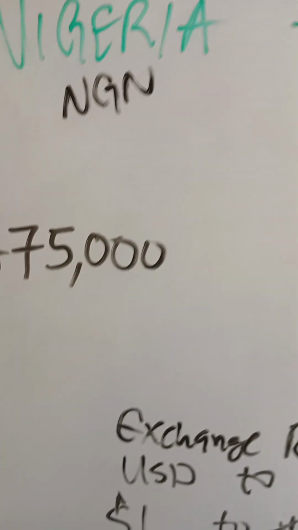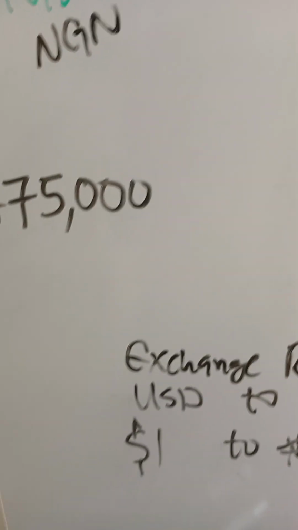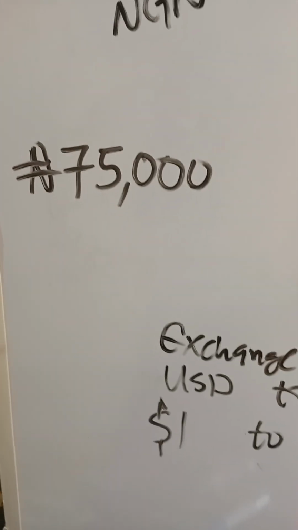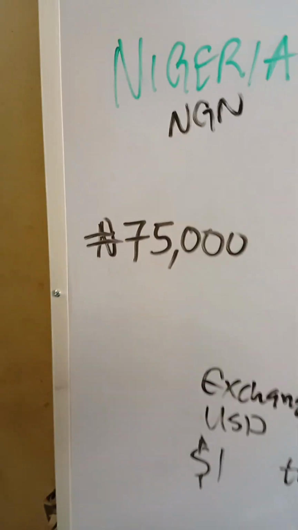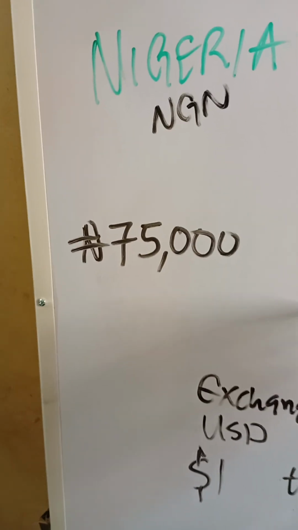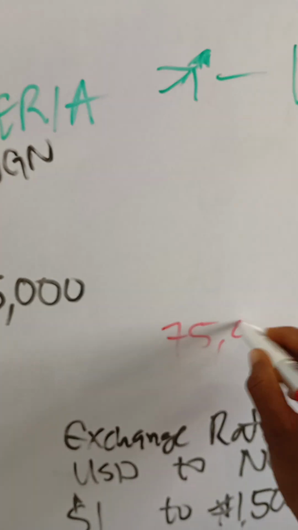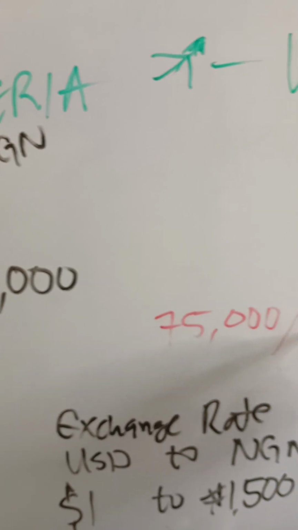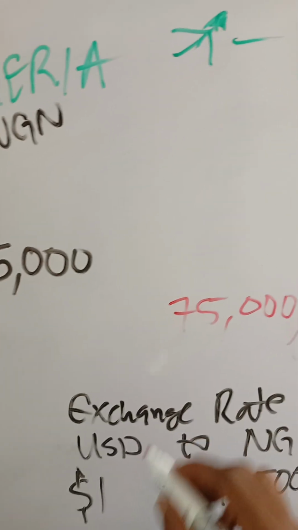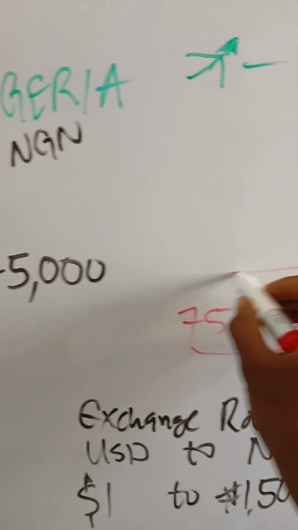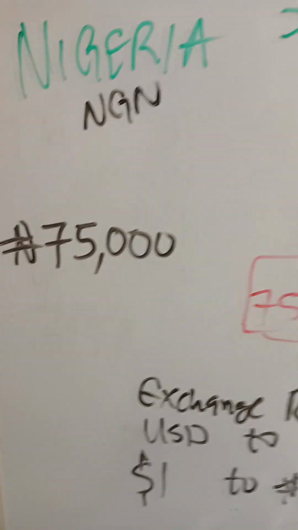Okay, let me use the other color marker, let me use red. So all you just need to do is divide this your 75,000 naira by 1.5, and then you will notice how many dollars you are going to get.